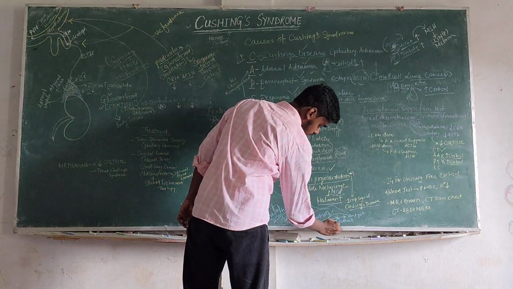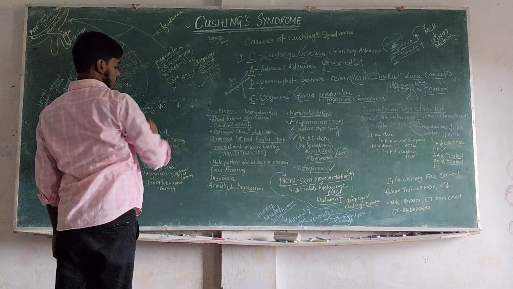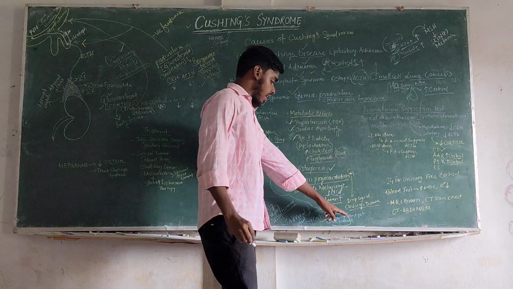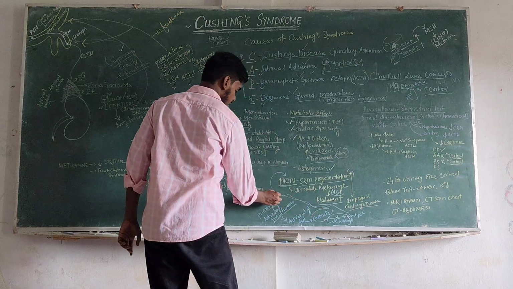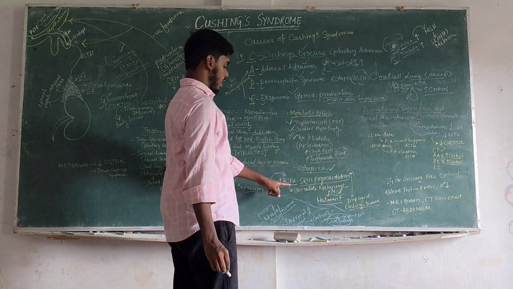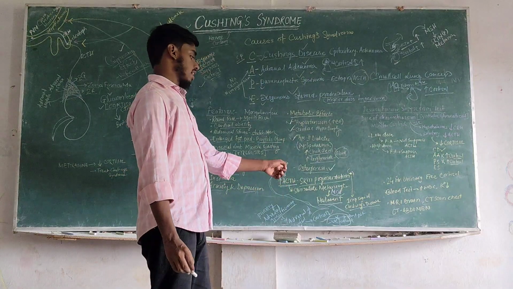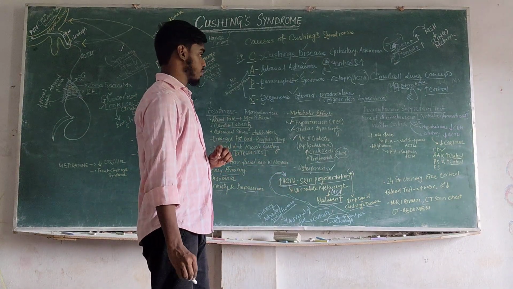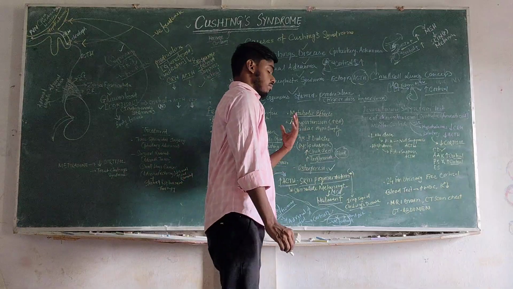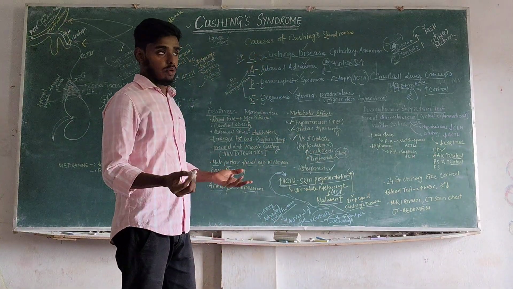The negative feedback mechanism which we have discussed here cannot happen, and the anterior pituitary releases more and more ACTH hormone, which will further increase MSH and increase melanin, and thus skin pigmentation occurs.